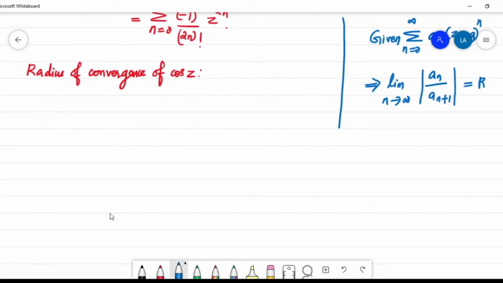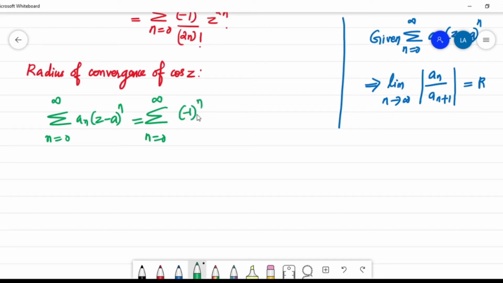So, we are going to use this proposition to find the radius of convergence of cos z. To be specific, here instead of summation n equal to 0 to infinity a n into z minus a whole raised to n, we are having summation n equal to 0 to infinity. We defined cos z to be minus 1 raised to n divided by 2n factorial into z raised to 2n, right?